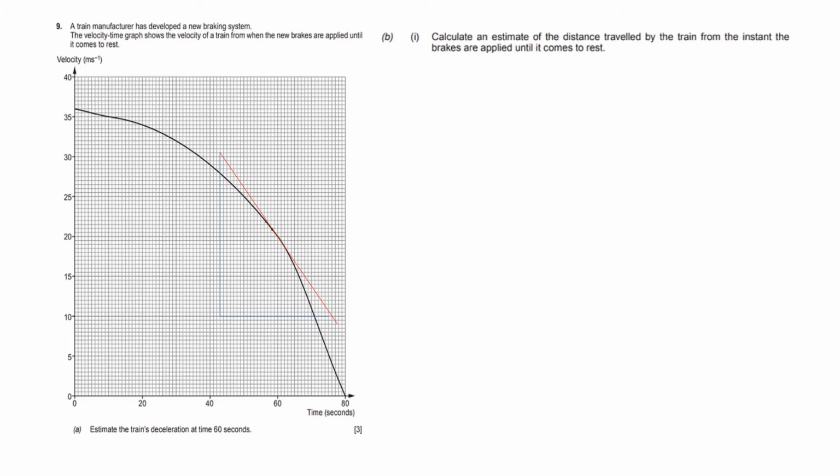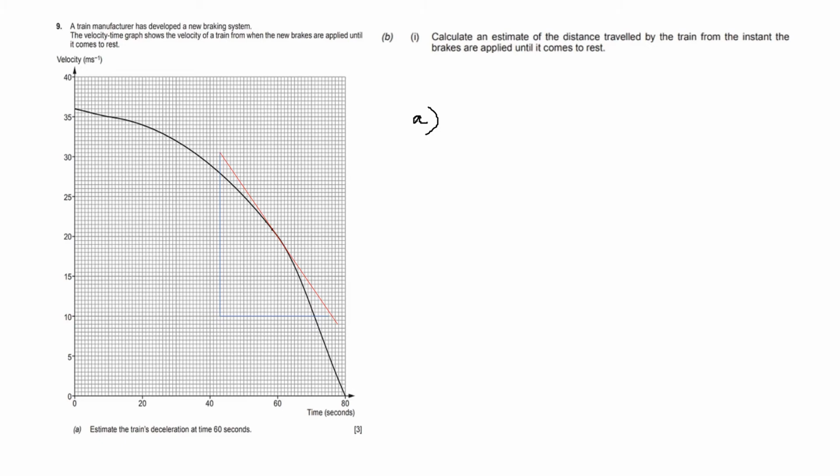So for question A, we're being asked to estimate the train's deceleration at time 60 seconds. So what we need to do is, if we had a straight line, then we just find the gradient, and that would show us the rate of change, and the rate of change would be the deceleration.